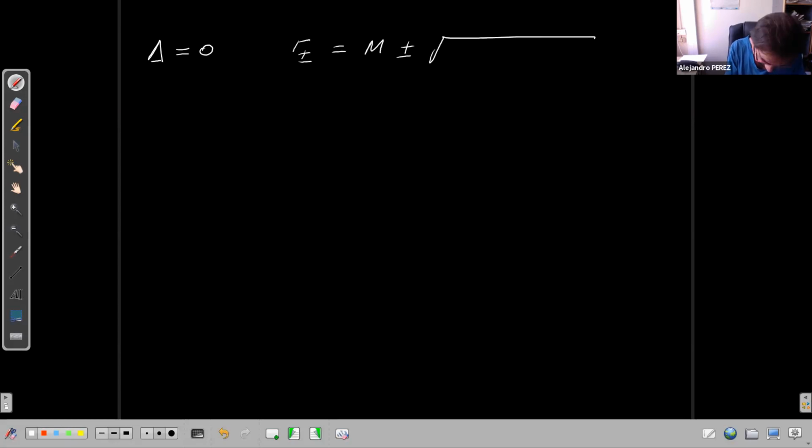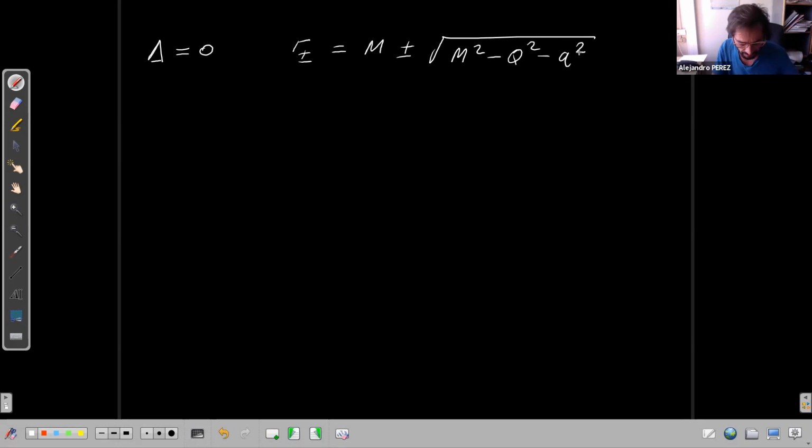Before discussing the black hole, I have to say that the apparent singularity that is related with the presence of a horizon is, if you look at the metric, where g_rr blows up, and this happens where delta is equal to 0, for r plus or minus equal to M plus or minus the square root of M squared minus Q squared minus a squared.